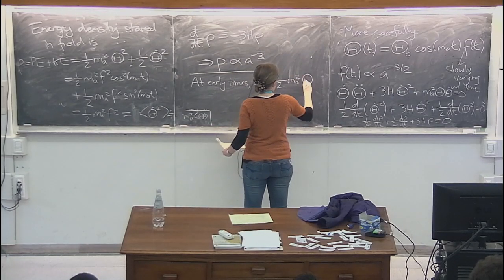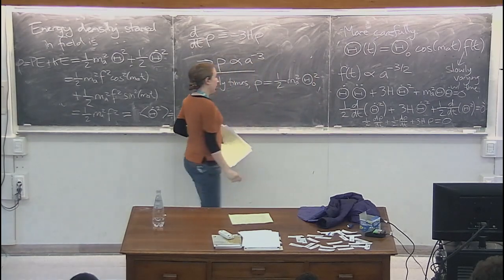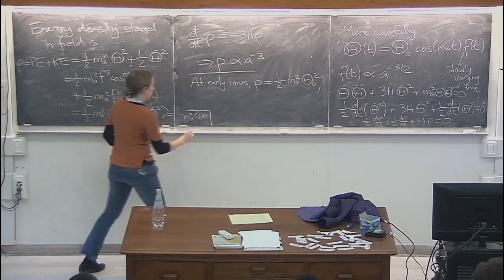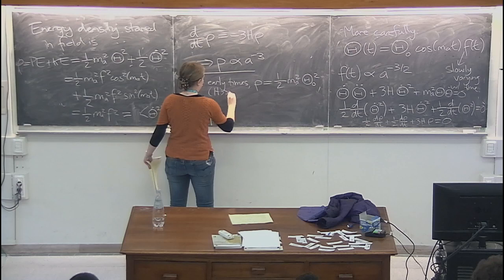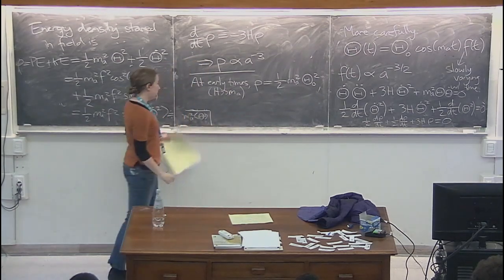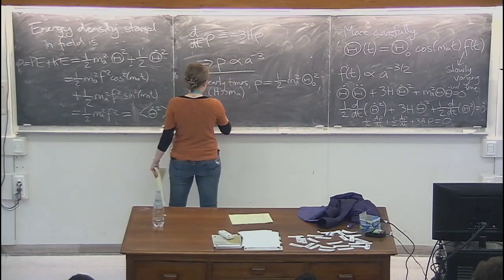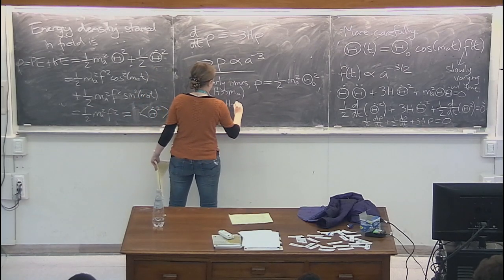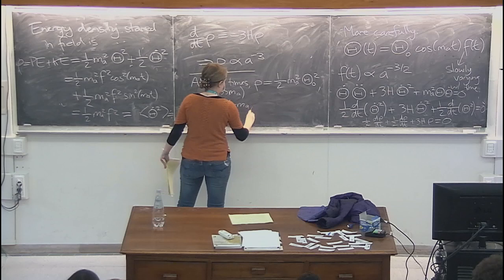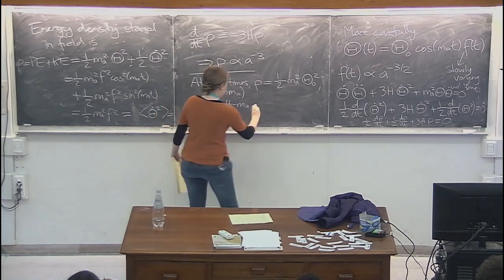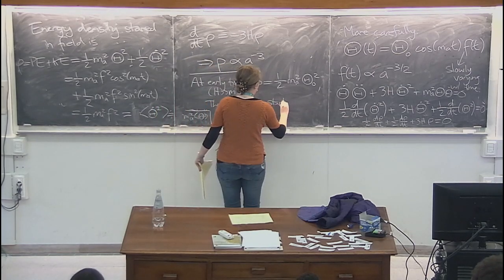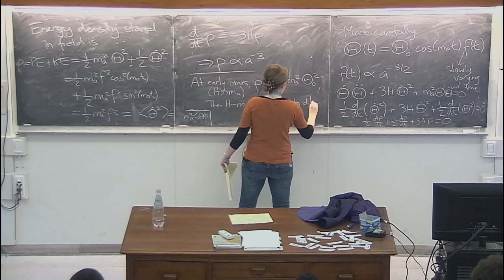And then, when the Hubble parameter becomes comparable to m_a, then rho starts to dilute as 1 over a cubed. So this is effectively a field that behaves like dark energy early on, and then it starts behaving like matter.